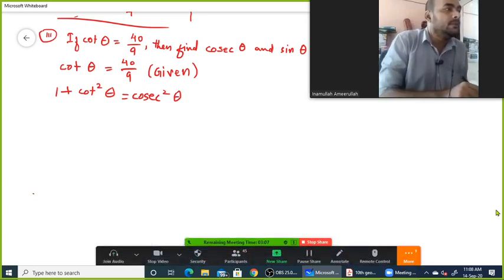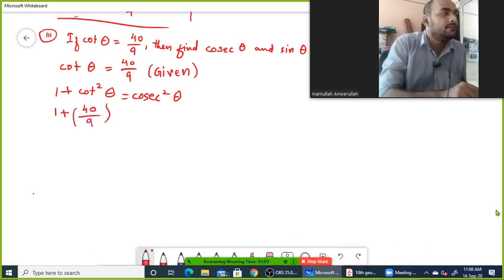So here 1 plus cot, 40 by 9 whole square, is equal to cosec square theta.